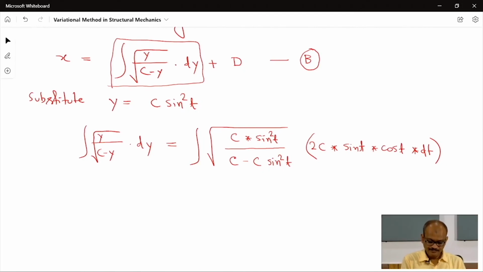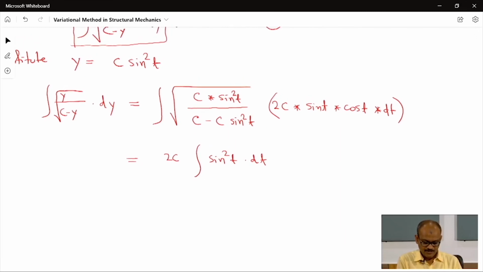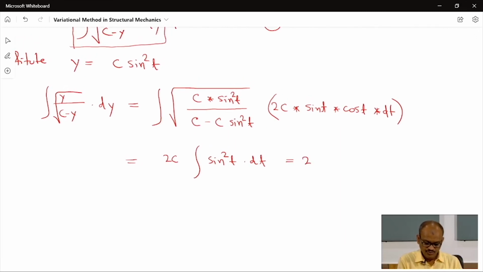Then this is equal to 2c into the integration of sin square t into dt, which is equal to 2c multiplied by (t by 2 minus sin 2t divided by 4).